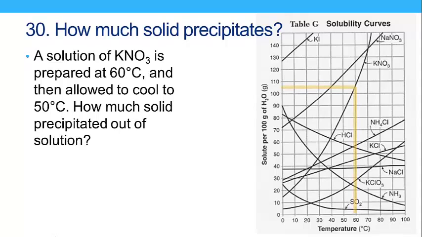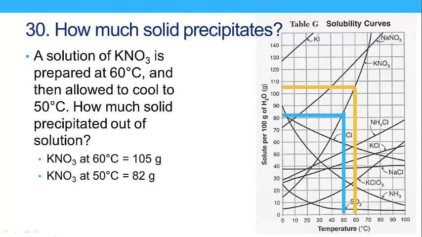At 60 degrees Celsius, we can dissolve about 105 grams of KNO3, and at 50 degrees Celsius, we can dissolve about 82 grams. If we find the difference, that's how much is going to precipitate out. So 23 grams of solid will fall out of solution whenever we cool it from 60 to 50.